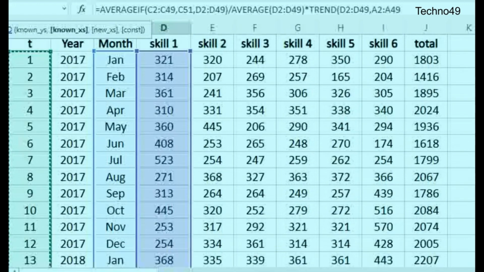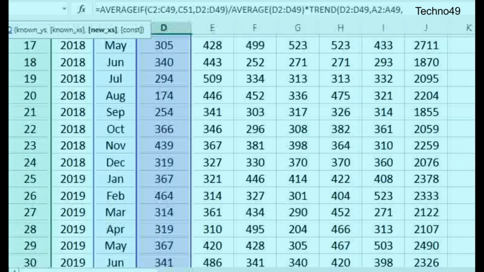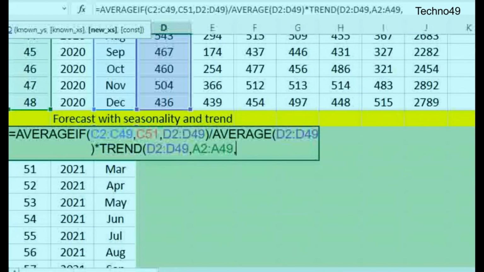After that, it's asking for new X. New X would be the first month of your projecting forecast. That would be month number 49, which is your Jan of 2021, bracket close.